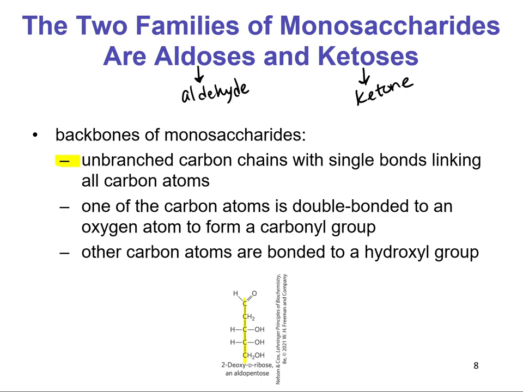So that is our unbranched carbon chain with all single bonds. One of those carbon atoms has a double bond to oxygen. And that is what defines whether or not it's going to be an aldose or a ketose.